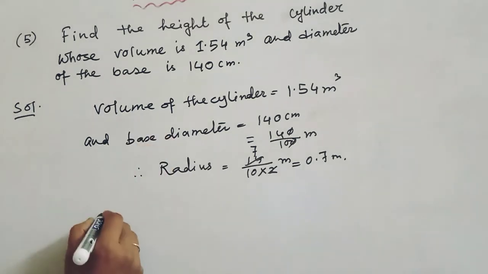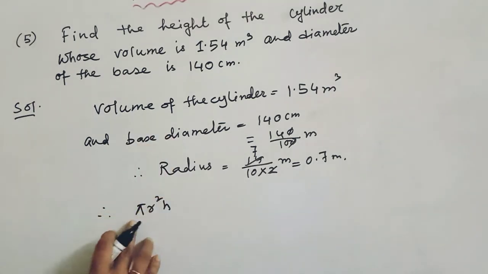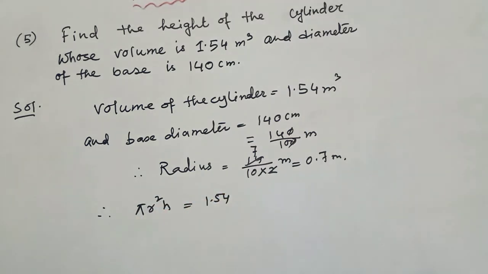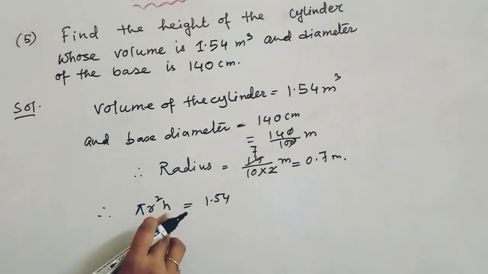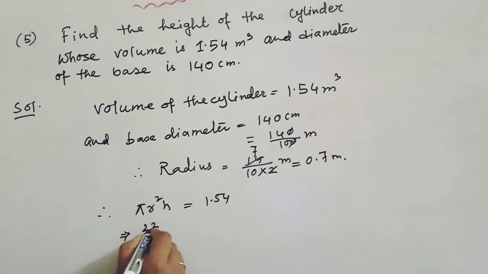Now volume of the cylinder, pi r square h, is equal to 1.54. You have to find the height. Volume is given and the formula pi r square h is also given. Take pi as 22 by 7.